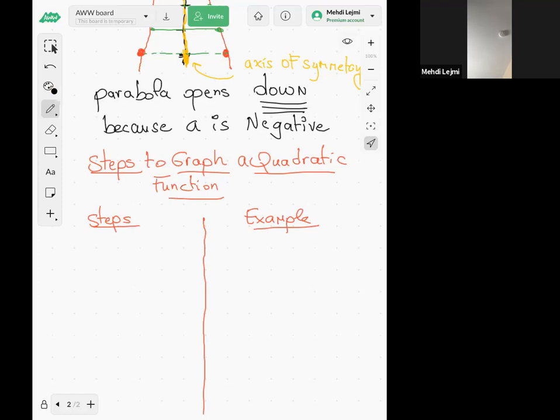Let's say f of x is x squared minus 3x plus 2. This is, of course, a quadratic function.